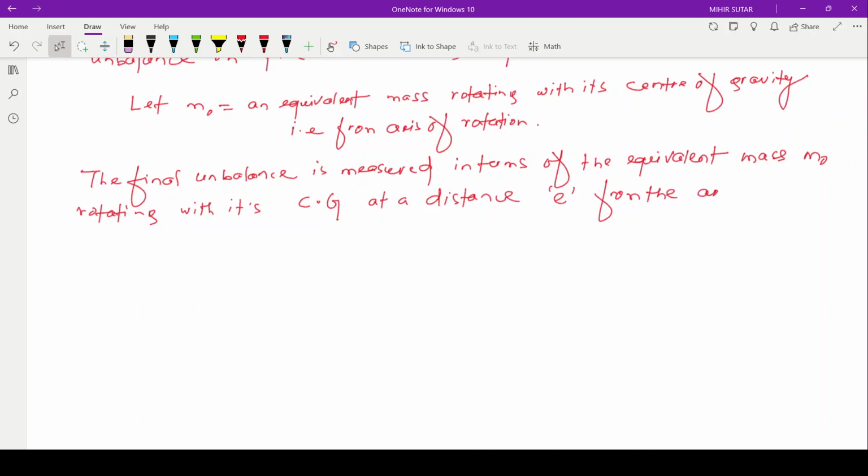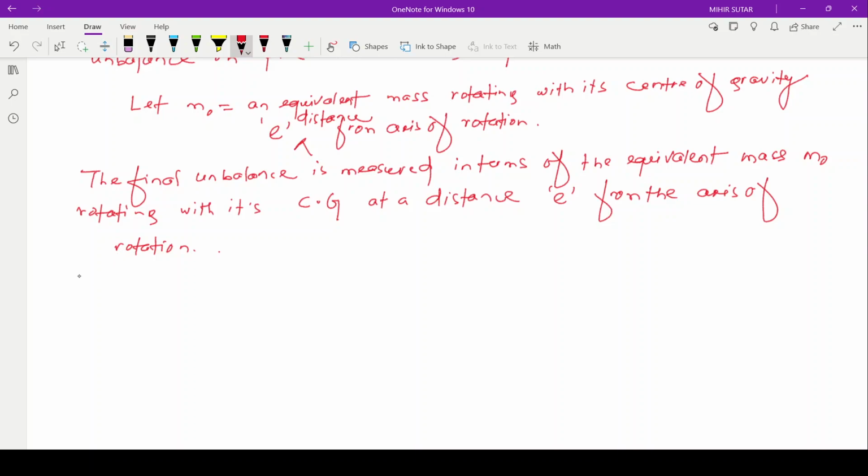Here also, with its center of gravity at distance e from the axis of rotation.